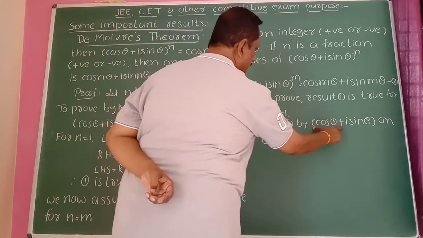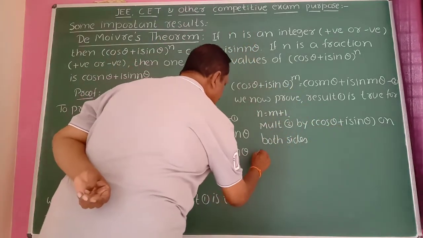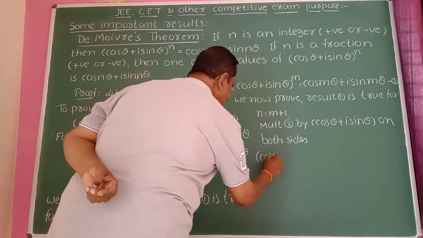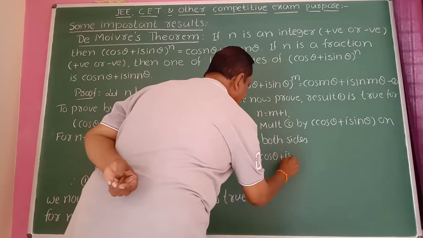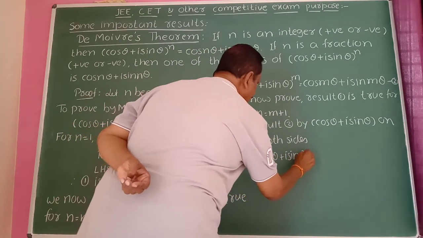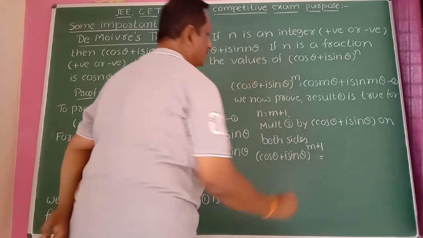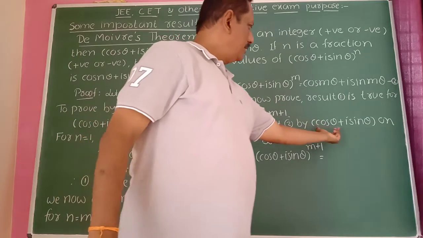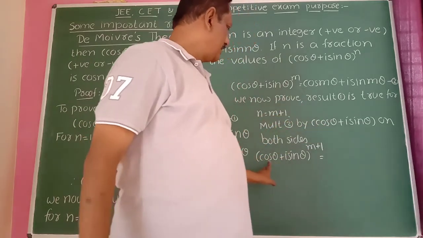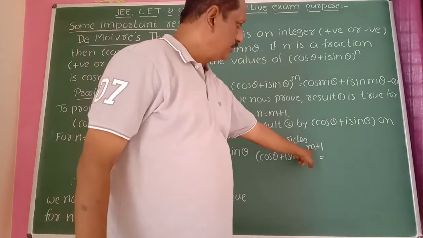If bases are the same, the multiplication is given by cos theta plus i sin theta raised to m plus 1. That is equal to, this into this, bases are the same, so you can write cos theta plus i sin theta raised to m plus 1.